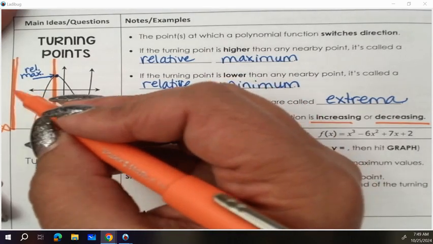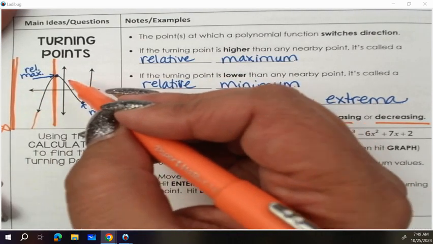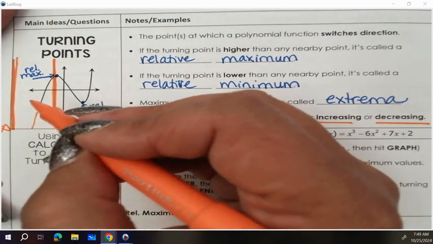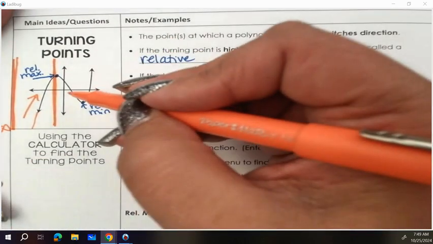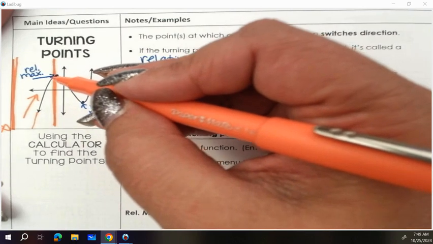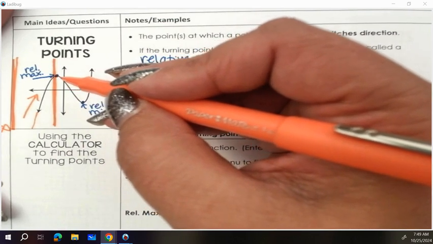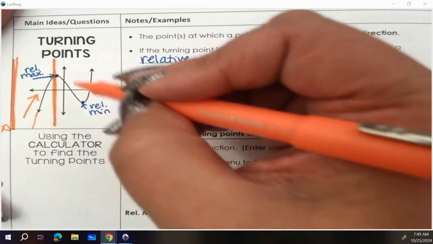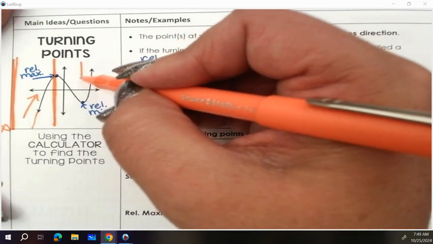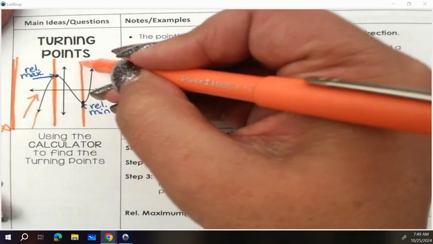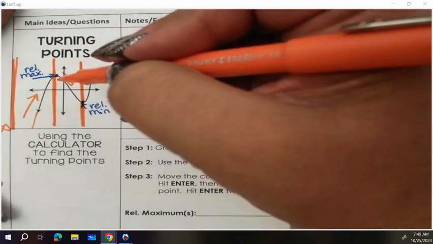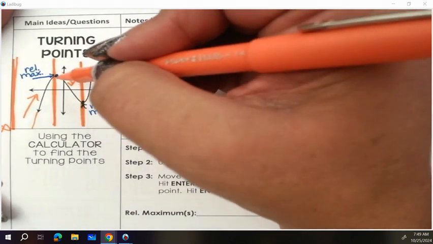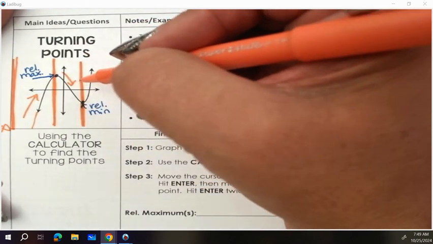So from negative infinity to whatever this turning point is, I'm increasing. Then I get to the top of the hill, and what happens to my car? I start going downhill. So I'm decreasing in this interval, from this turning point to this turning point.